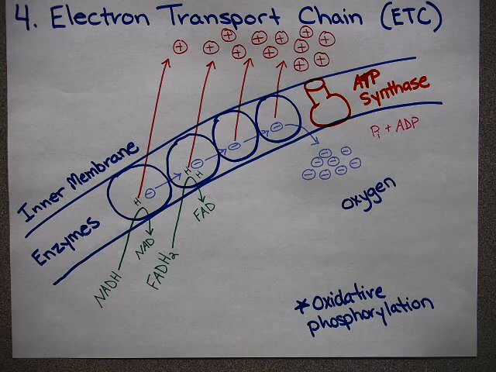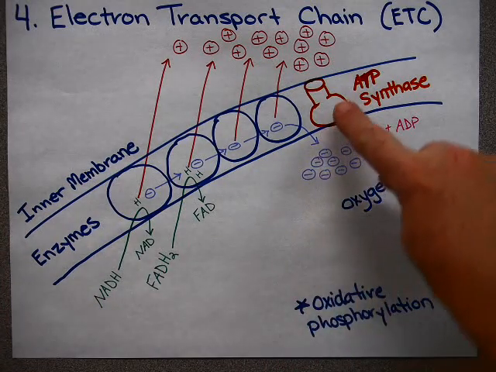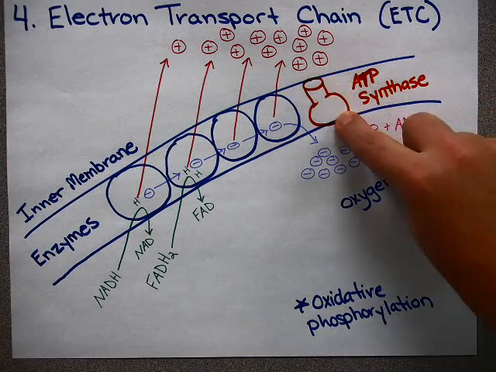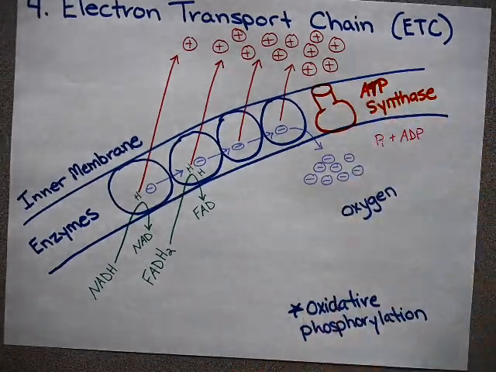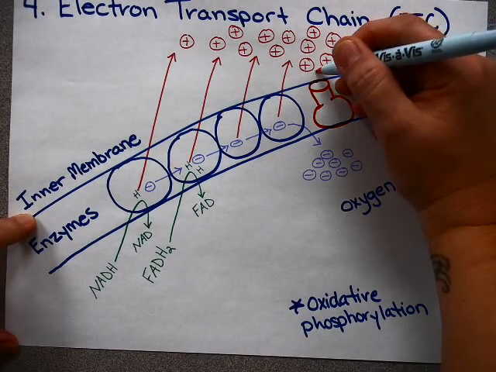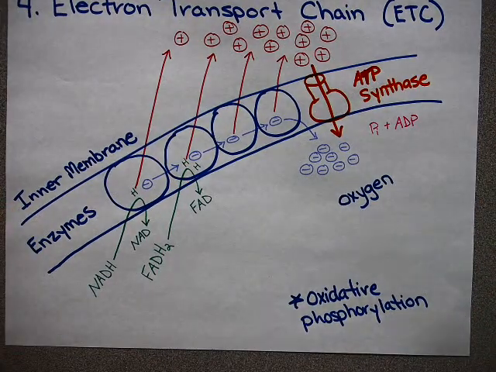They'd like to reunite with those negatives down there. Opposites attract. The only way for them to get back down here is to go through ATP synthase, just like a water wheel. That's what they do. They will diffuse down there. When they do, ATP synthase spins.